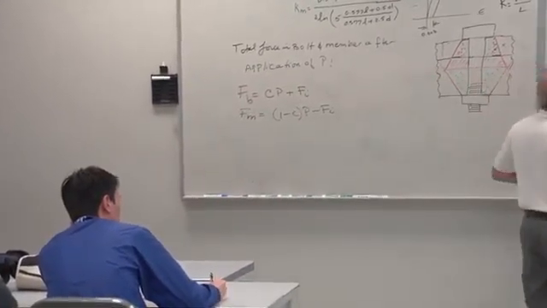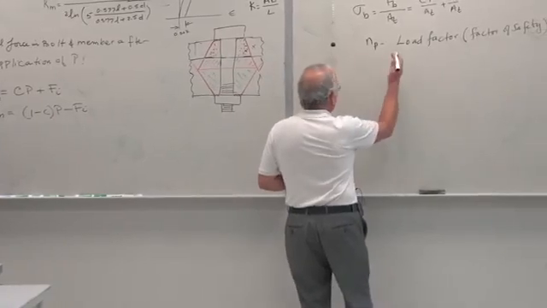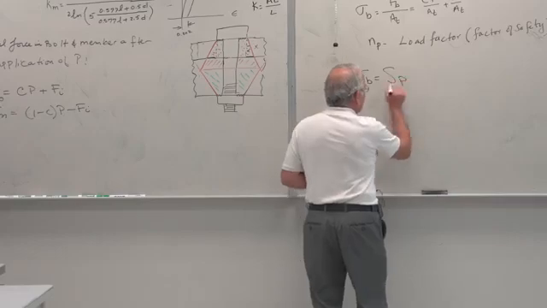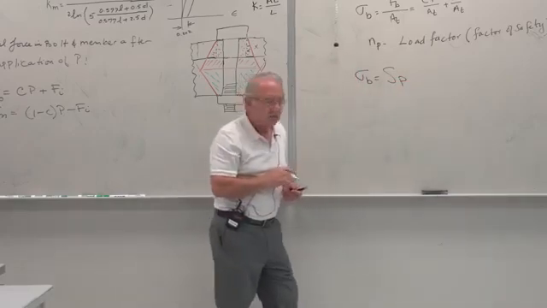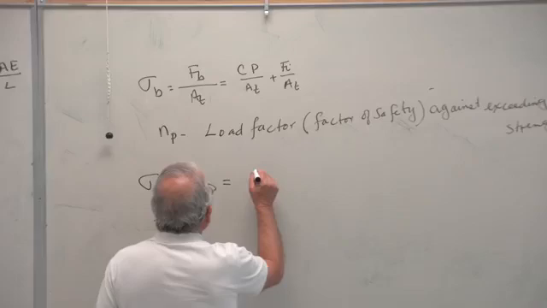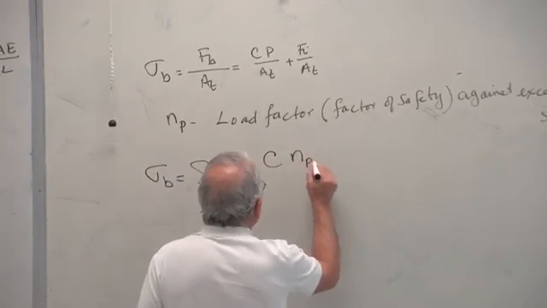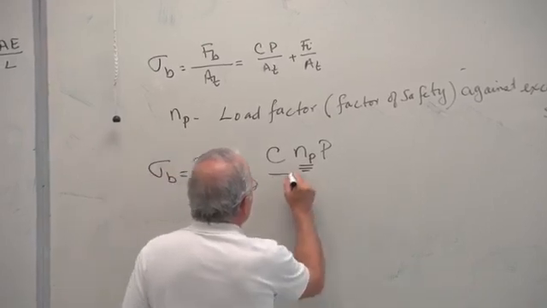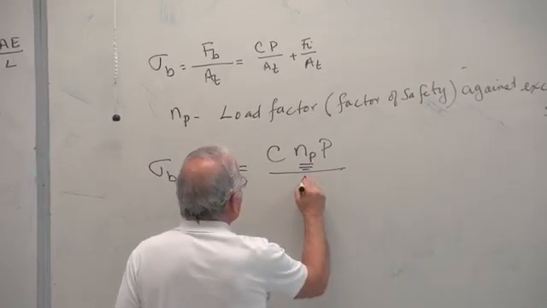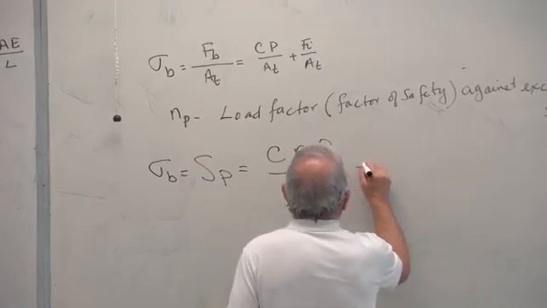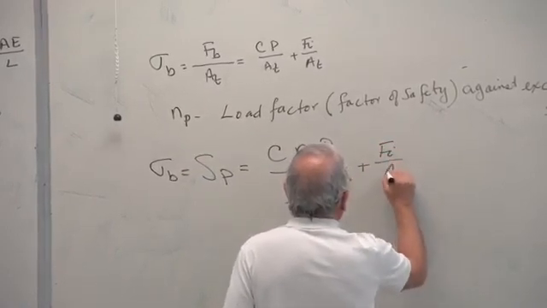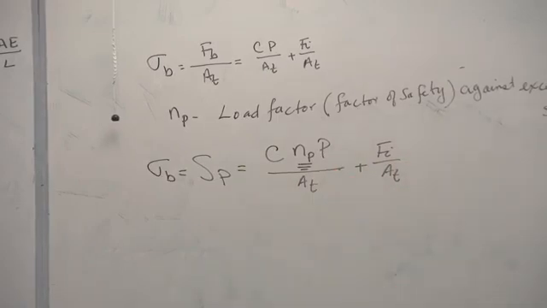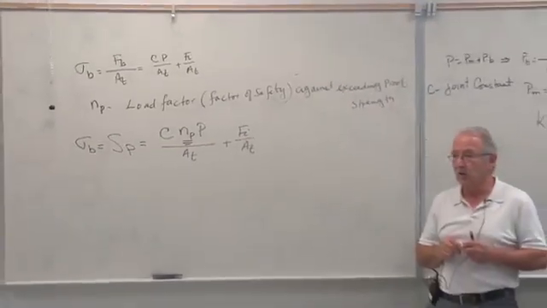In other words, when that happens, then sigma B must equal SP, the proof strength, and that's equal to C NP, that's this factor, the proof load factor of safety. So it is only applied to the external load, not to the preload.